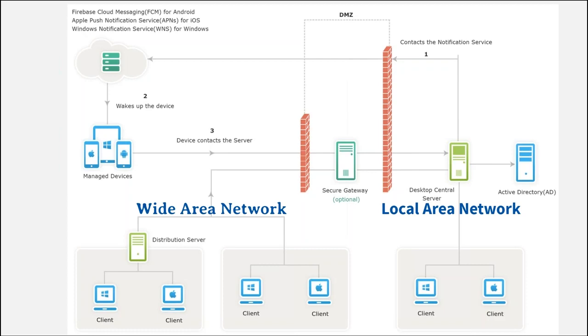This forwarding server acts as a secure gateway server between the roaming agents, and in fact all remote office agents, and the Desktop Central server located in your secure network. Any communication which comes from the roaming agents and the remote office agents will only go through this forwarding server. This will be an additional security feature.